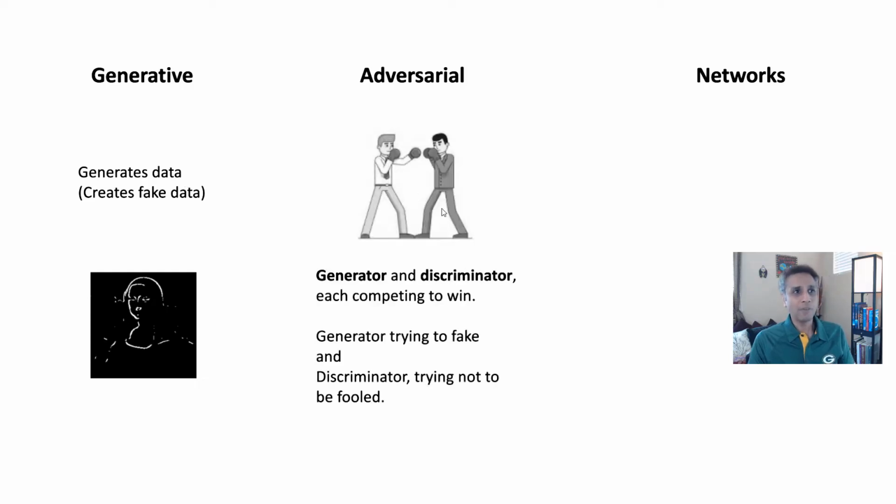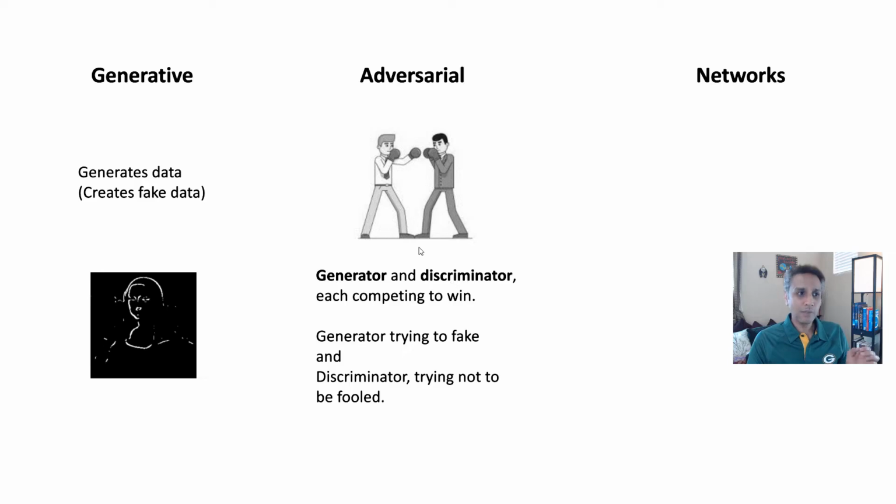Now, the adversarial part comes from the point that the generator and something called the discriminator are competing to win. Think of the discriminator as our regular machine learning algorithm. What do we do? We try to, for example, classify a pixel for semantic segmentation. Or if it is an object, you're trying to classify a cat as cat or a dog as dog, right? So that is the discriminator. You're trying to discriminate there.